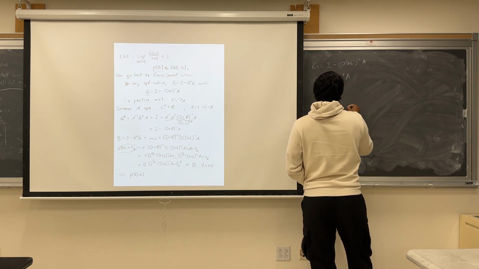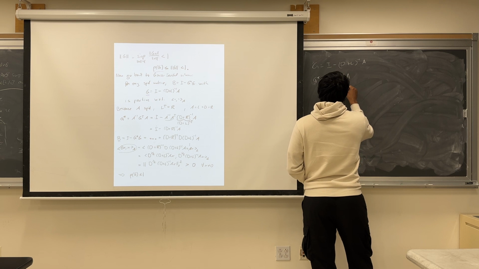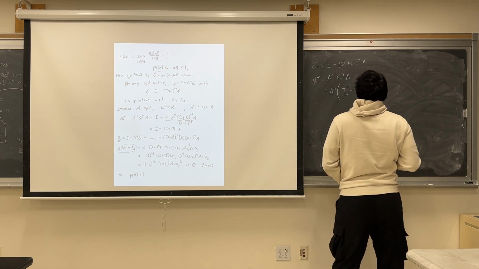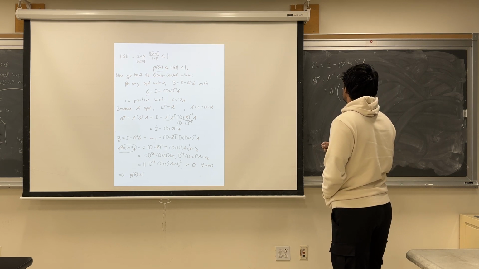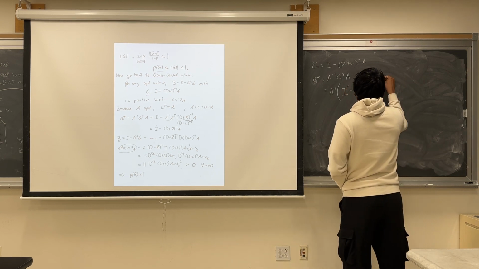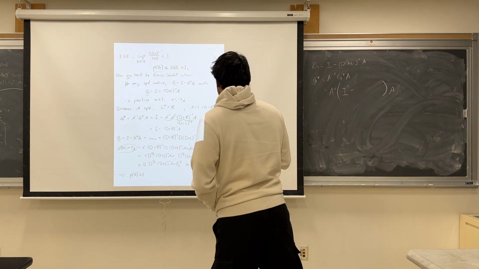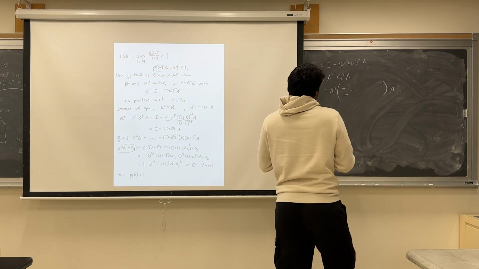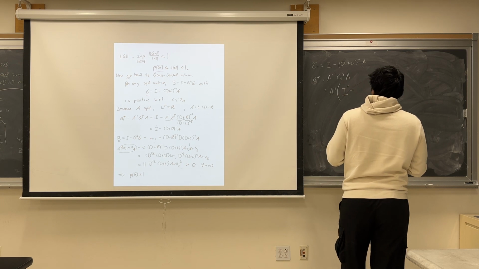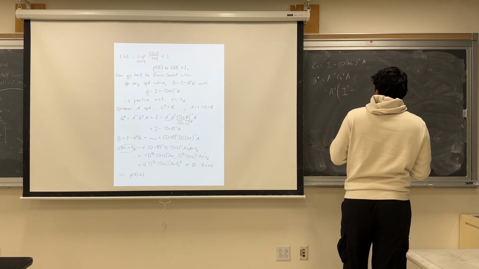A inverse G transpose is identity transpose minus something times A. Can transpose be taken inside this? Seems that way.